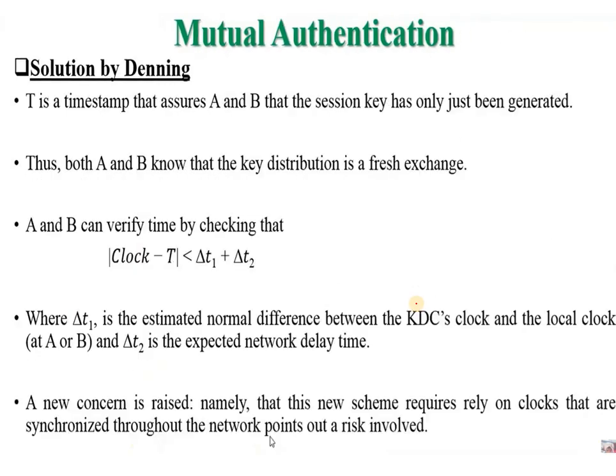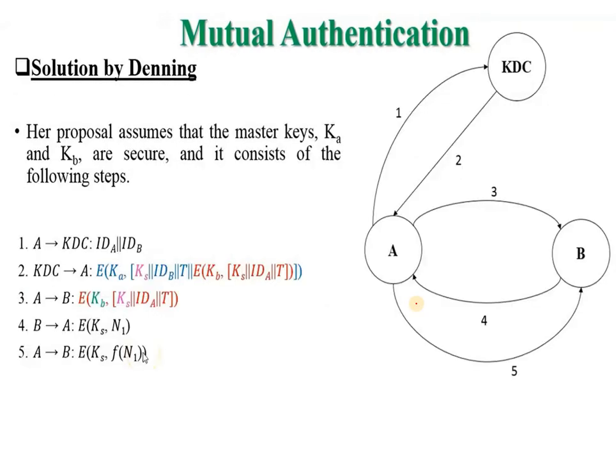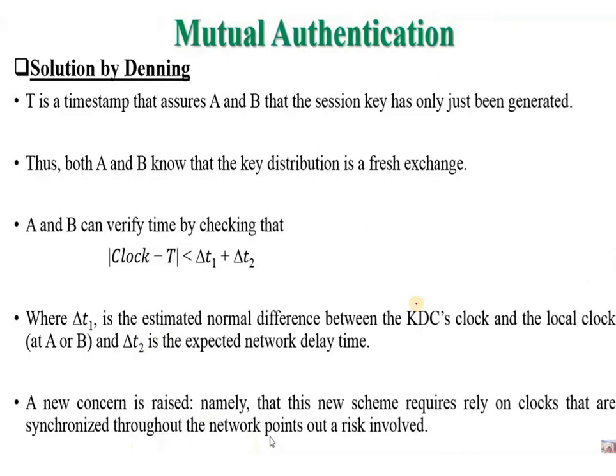So how this timestamp will help us avoid the replay attack is, you can see here, T is the timestamp that assures A and B that the session key has only just been generated. So this timestamp will tell A and B that the session key is very fresh, it is just now generated.